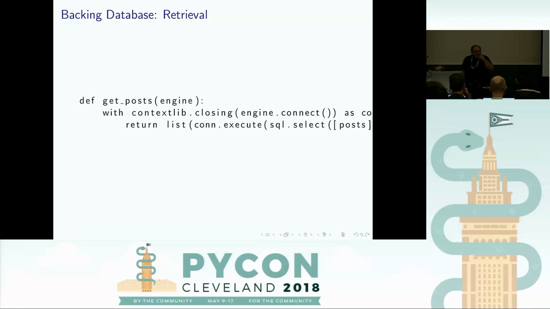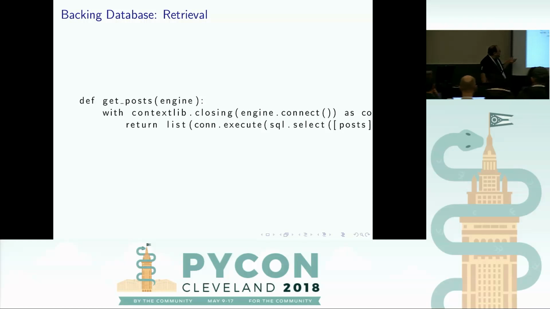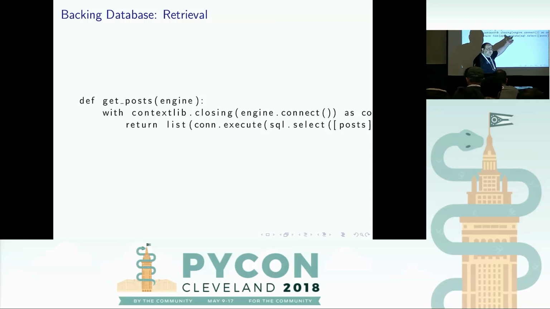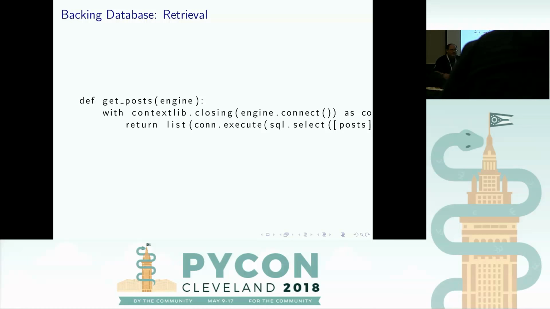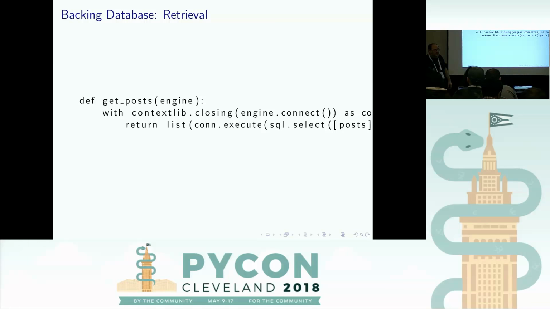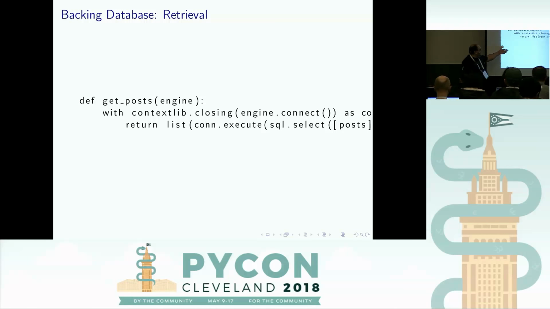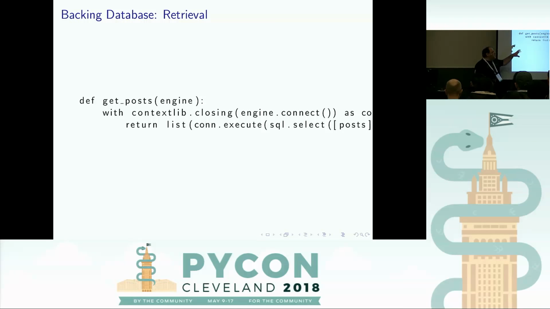So this is kind of a stand-in. Also notice that I connect to the engine every time. That is absolutely fine. If this is too slow and you need to wrap it in something, you still use that logic. What you do is you get an engine that has a connection pool inside it. I'm not going to cover that, but what's important is that this thing doesn't care about what engine you pass it. So this is a structure abstraction library.